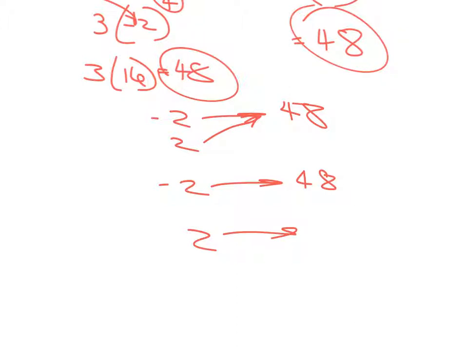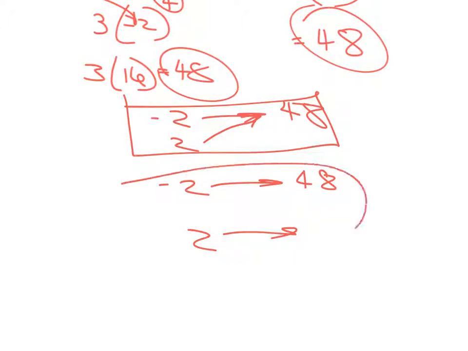In a regular function, this can be true, but in a one-to-one function, this has to be true. You cannot have two different inputs, two different x values, go to the same y value. They have to be completely different. So that's the difference between a regular function and a one-to-one function. It has to go to exactly one output, or each output has to correspond to exactly one input.